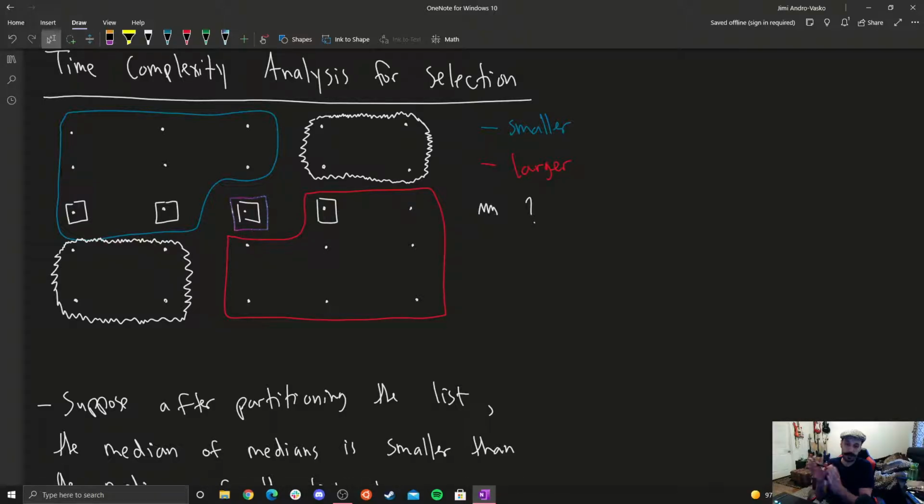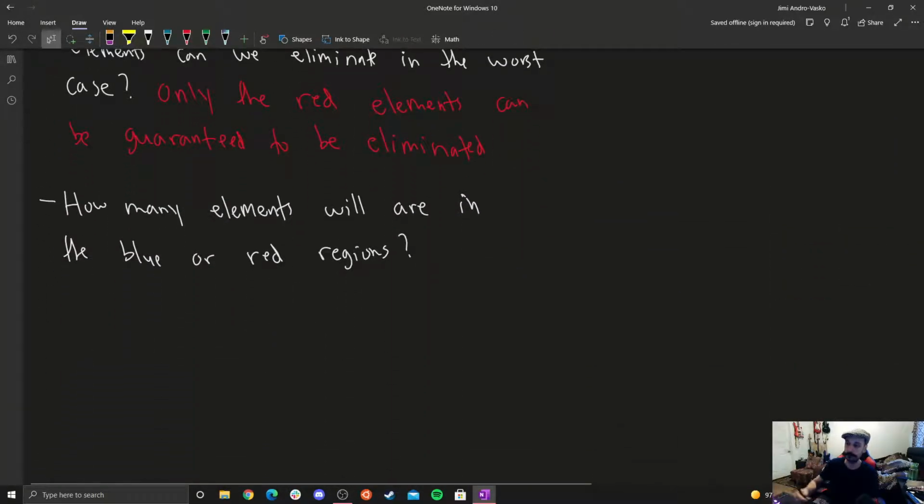So we have half the number of regions on one side, half on the other. So left half will be everything to the left of that highlighted median, and we have the right half. So we have n over 5 divided by 2, which is basically n over 5 multiplied by 1/2.